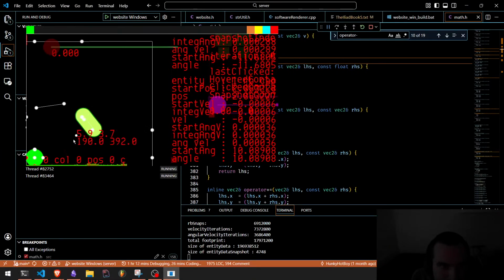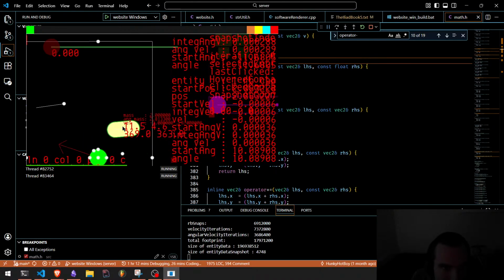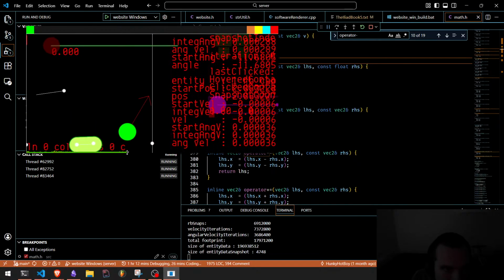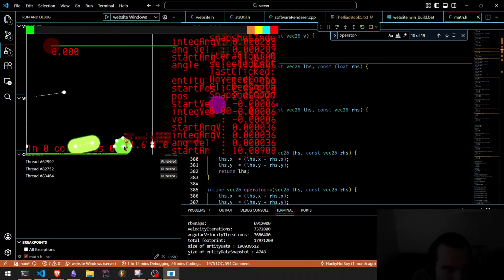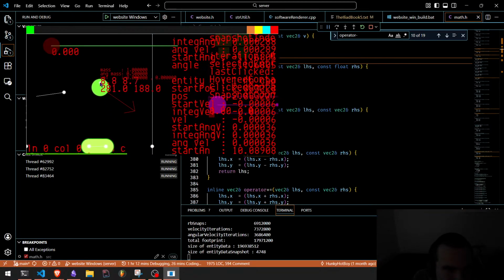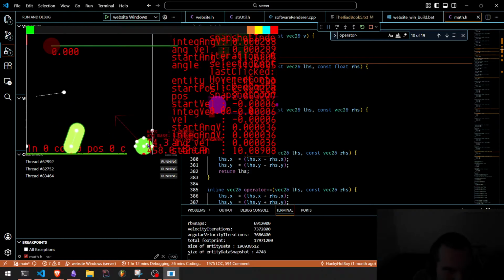But I am just so absolutely stoked that it's actually working. I just want to... Okay. Yeah, that is weird. I drag the capsule out of the way, but the circle still thinks that it's intersecting it.